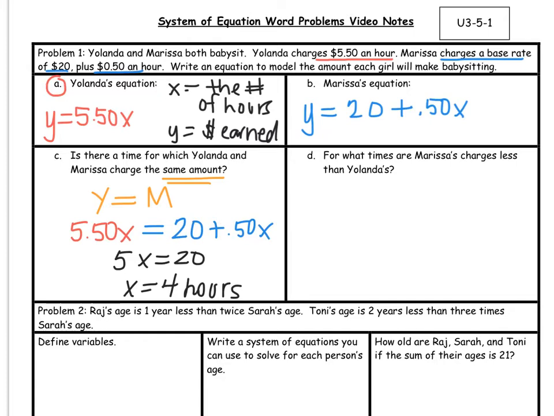So if we look at our table, Marissa will charge less than Yolanda when x is more than 4 hours. We looked at our tables yesterday in class, and we'll take a look at that again in class tomorrow.